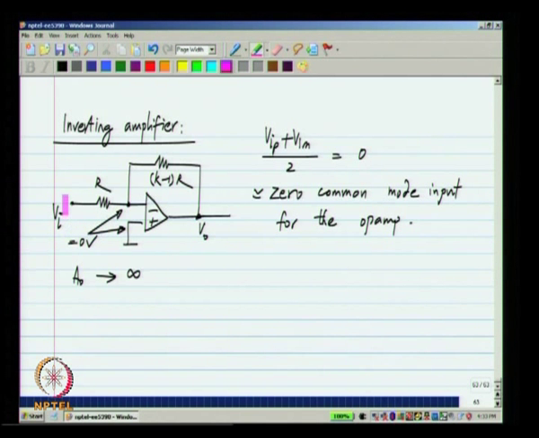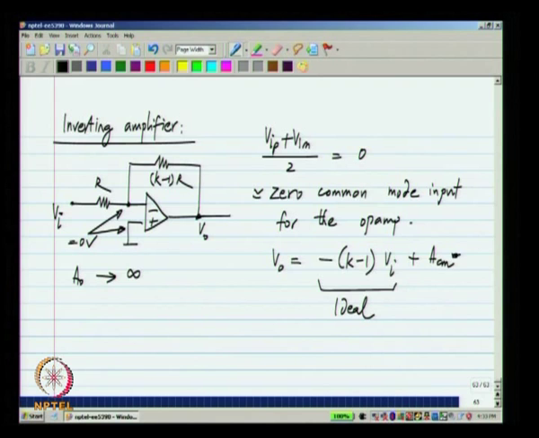Now, because of the differential gain, the output of the op amp has to be the ideal output. Now, we also have plus ACM times the common mode voltage which is 0, which is almost 0, even if it is not exactly 0, it is quite small compared to Vi and Vo.